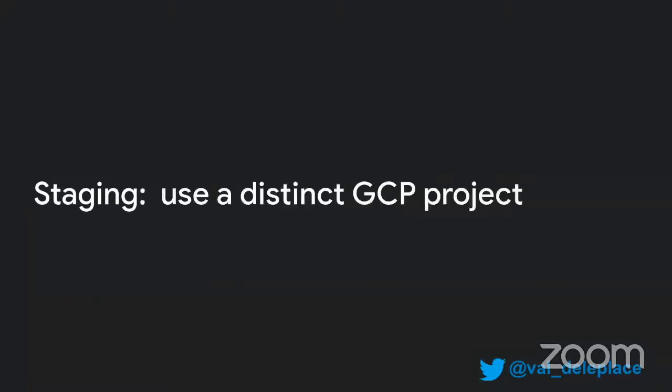And some of the service dependencies like memory store or data store, etc., do offer some kind of multi-tenancy, which means isolating data with namespacing, etc. But in my opinion, it's too easy to shoot yourself in the foot. So my advice is this: you'd better use a distinct isolated GCP project for staging. This is the most straightforward and safe way to achieve isolation from production. Just my advice.